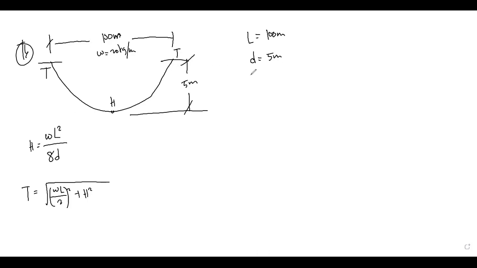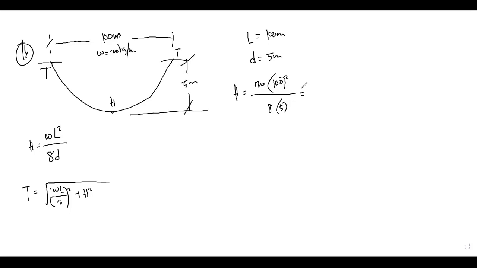Okay, other variables. I think no. So we have already omega. Omega is 20 kilograms per meter. So we can calculate directly H to be 20 kilograms per meter multiplied with 100 square, divided by 8 times 5.